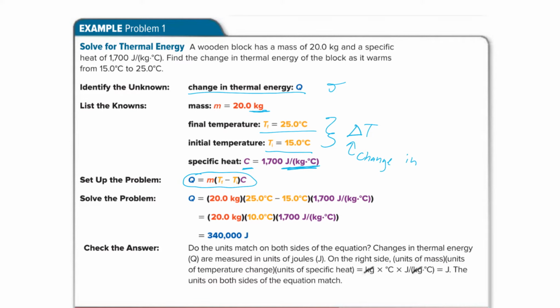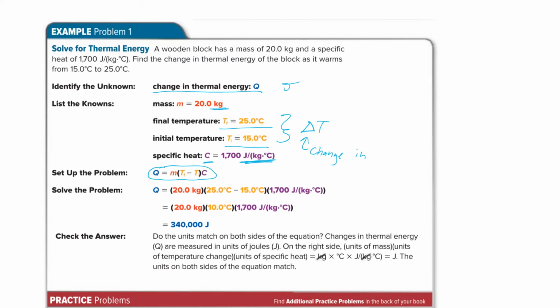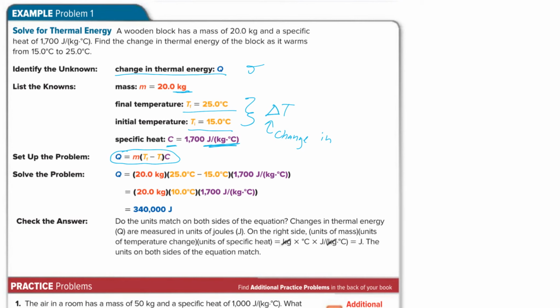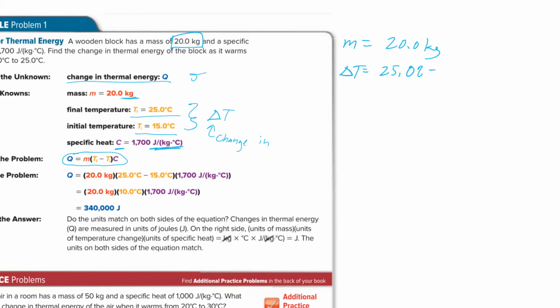So let's take a look at our parts here. We know our mass is 20 kilograms. We know our change in temperature. Our change in temperature is the final temperature, 25 degrees Celsius, minus the initial temperature, which is 15 degrees Celsius.